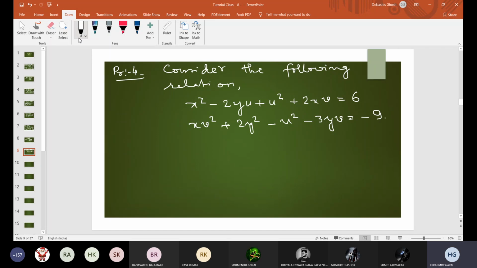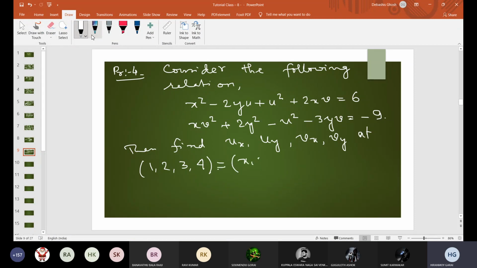So the value we can choose at the point, then find your ux, uy, vx and vy at the point 1, 2, 3 and 4, and it should be mentioned that x, y, u, v equals this one. At this point, you have to find out ux, uy, vx, vy.